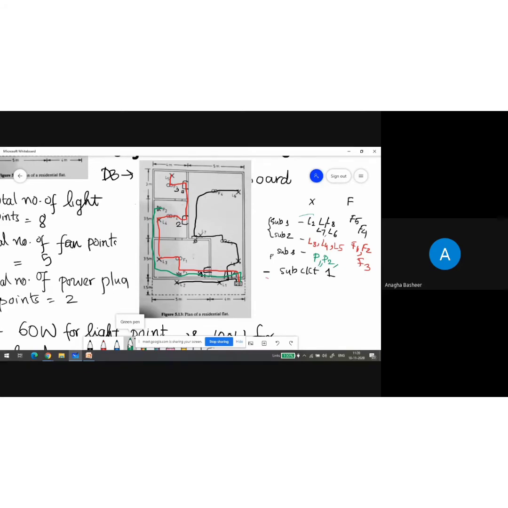Have you understood how to draw the layout from a given plan? According to the neighboring things you have to connect. In each room we can choose: subcircuit 1 is for L1, L2 plus this room, subcircuit 2 has these together, and subcircuit 3 means only the power plugs. Hope you have understood.